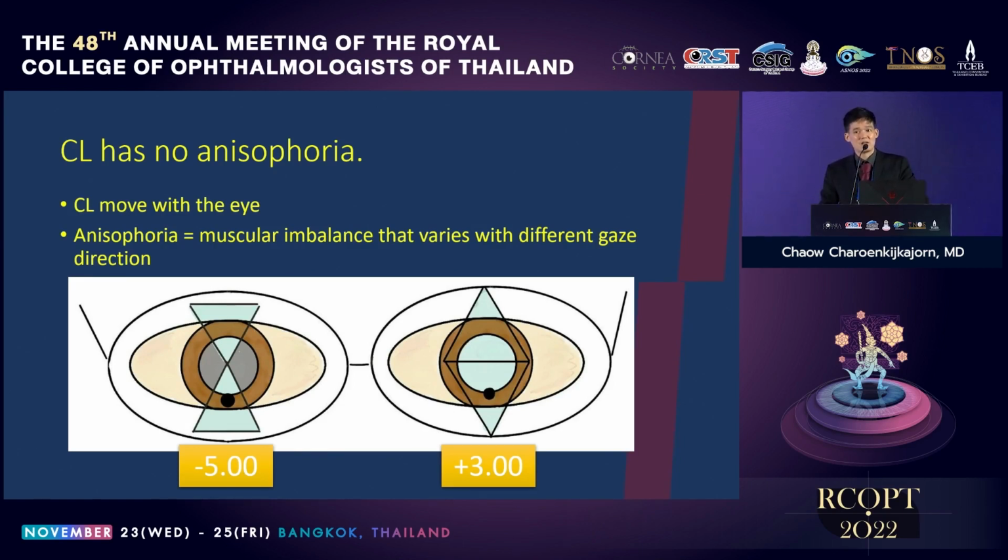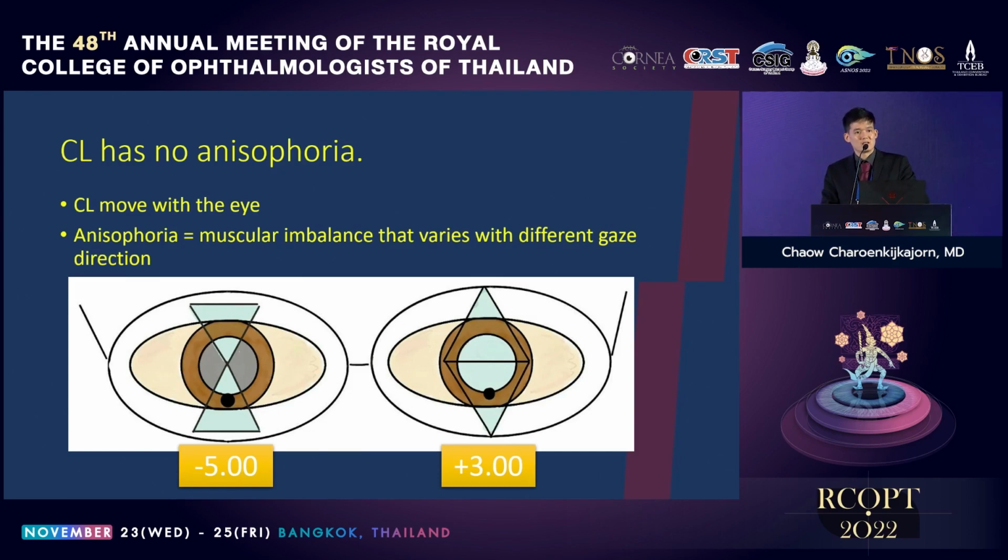When we look down, like when reading a book, the right eye will experience base down prism and the left eye base up. When both eyes experience different amounts and directions of prismatic effect, this will cause anisophoria, and if it exceeds the fusional amplitude, that will result in diplopia or suppression in children.